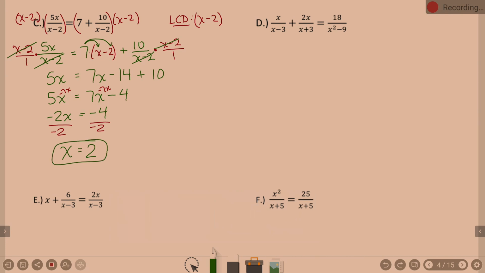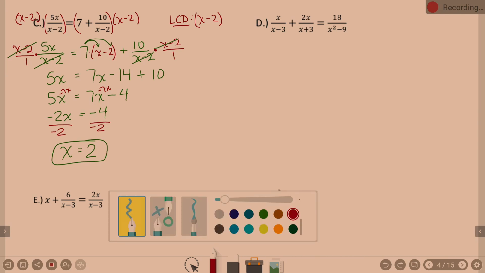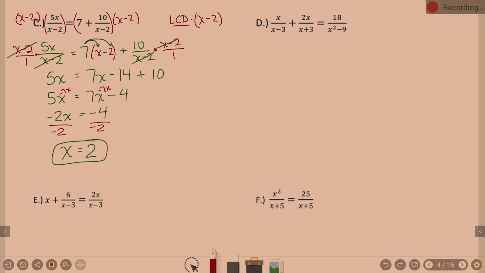Okay. What do we know about 2? It doesn't work. 2 minus 2 makes my denominator equal to 0, doesn't it? So 2 doesn't work, so no solution. Okay. That can happen. It did happen.